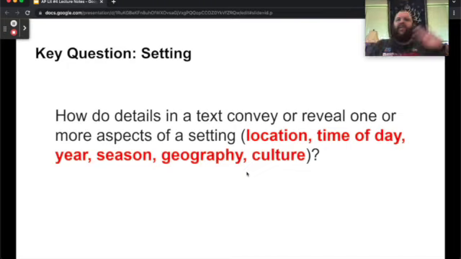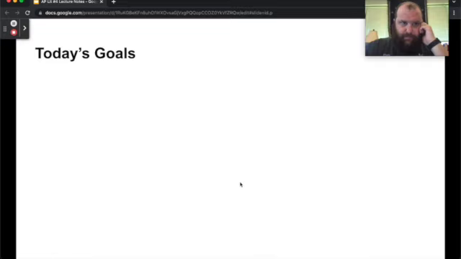And again, the next step we will get to, which is like, okay, so why does that matter? Don't worry about that right now. Just when you're reading something, can you read in such a way that you understand when and where it's taking place? Right? That's a really good starting point. And that's more than a lot of people think when they're reading things, right? And so that's your key question.